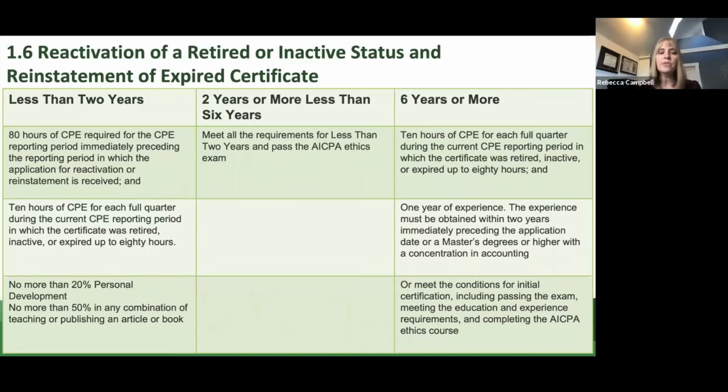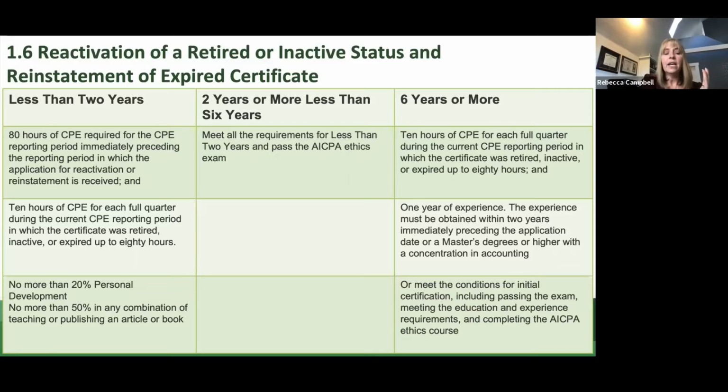So let's do an example of one I gave earlier. Let's say that I reactivated my status. So it's 10 hours of CPE for each full quarter during the current CPE reporting period in which the certificate was retired, inactive, or expired, okay? So if I am in December of this year and I want to reactivate, I have to get 80 hours for the last reporting period.